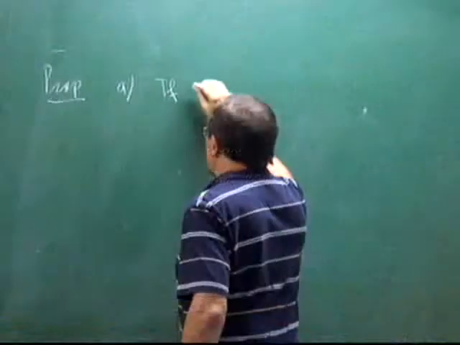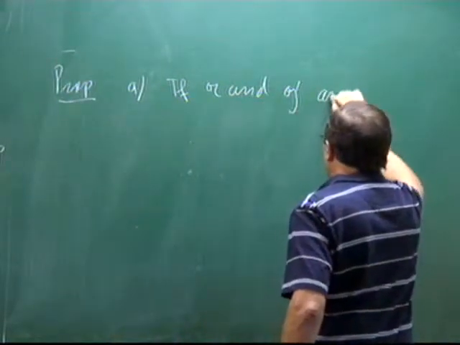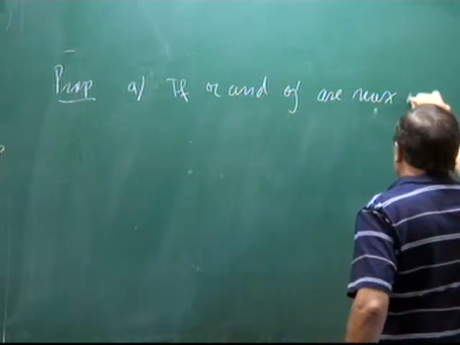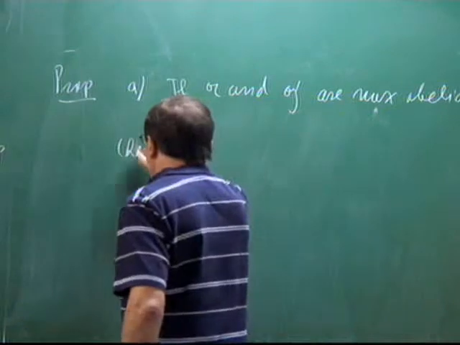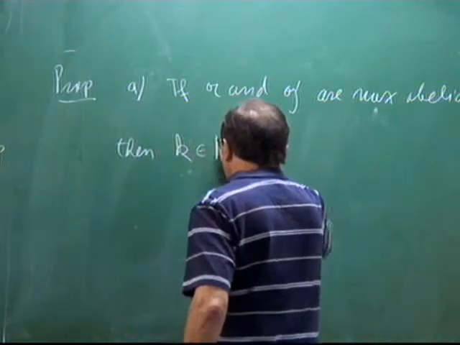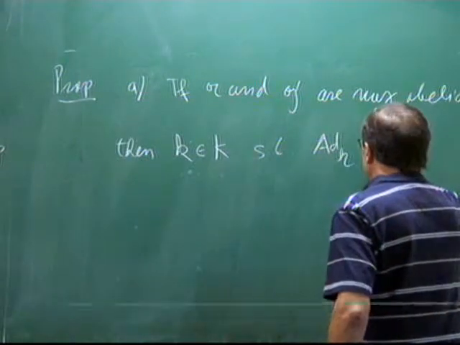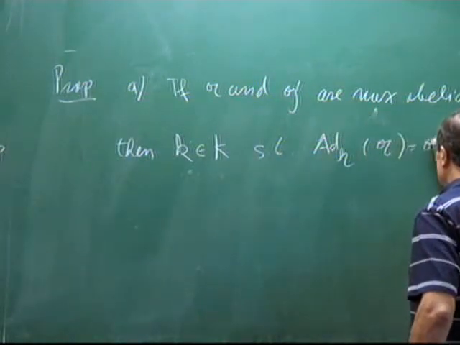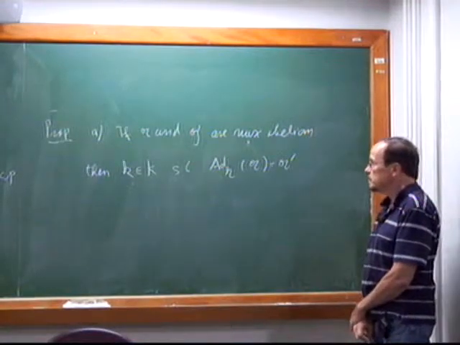If A and A prime are maximal abelian, then there exists an element in the group K such that conjugation takes A to A prime. So maximal abelians are unique up to conjugacy.